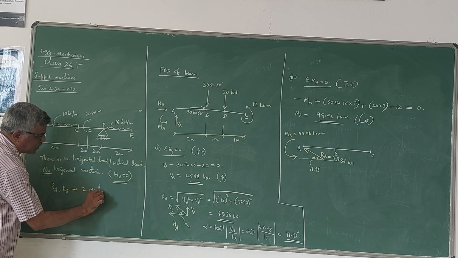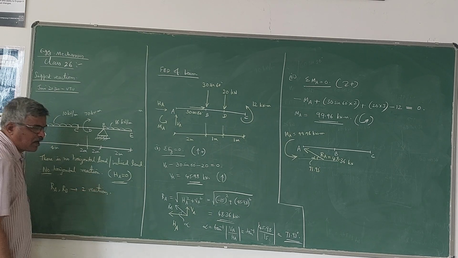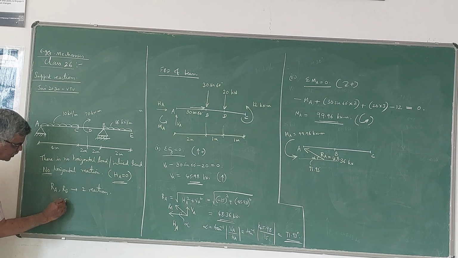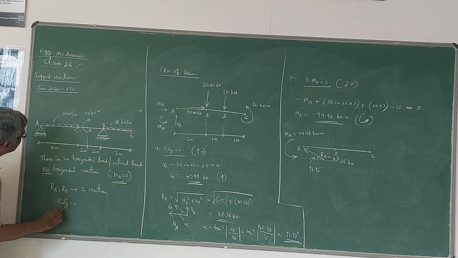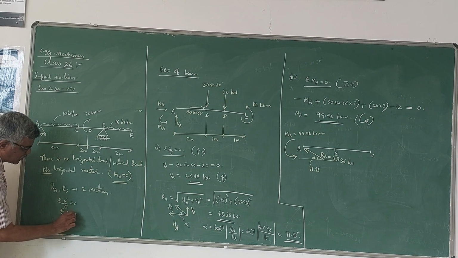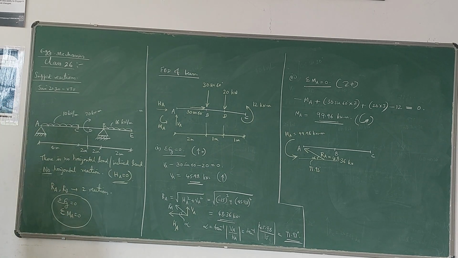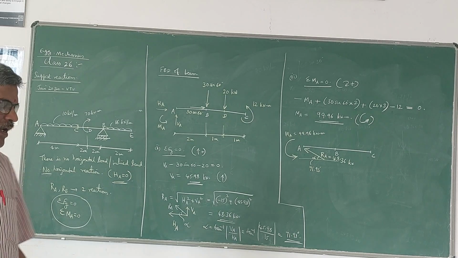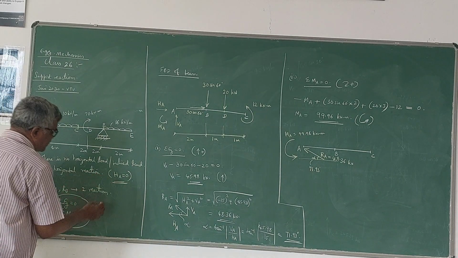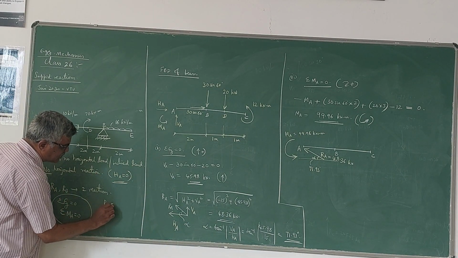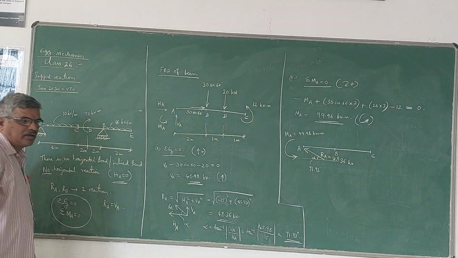So you are not using the first equilibrium equation, sigma Fx equals 0. You are using only sigma Fy equals 0 and sigma MA equals 0 for analyzing the problem. Using these two, we can find RA and RB. Here, since HA is 0, this RA itself is VA.